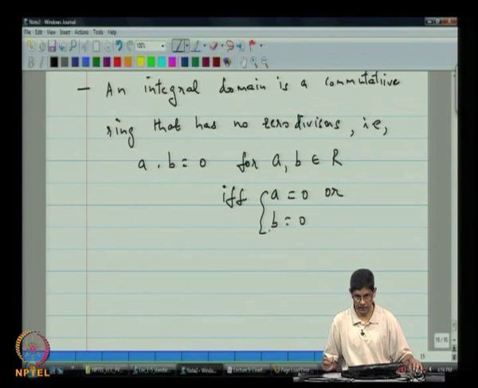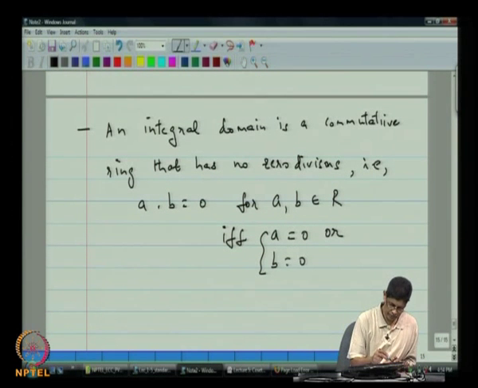Of course, both can also be equal to 0, but at least one of them must be equal to 0.